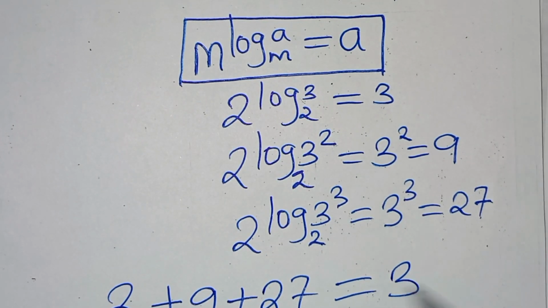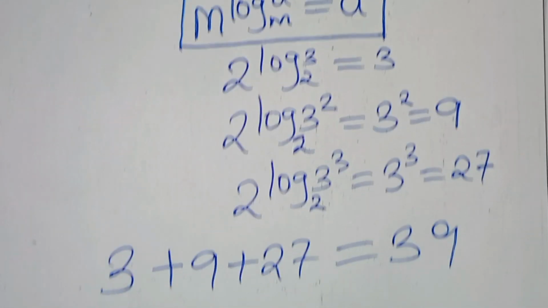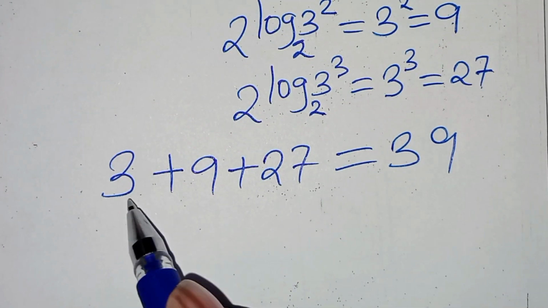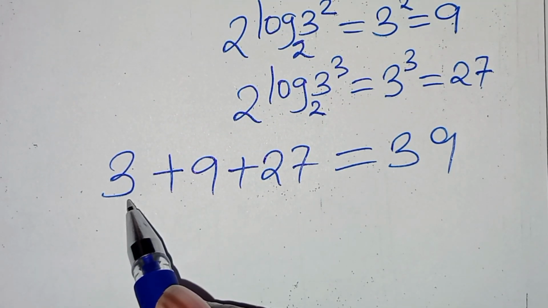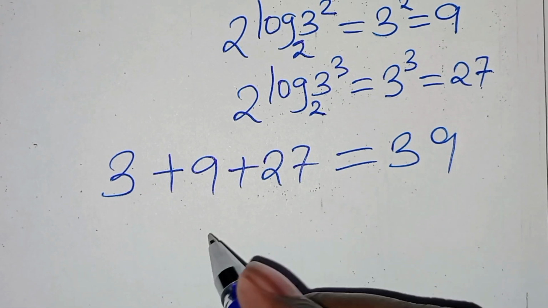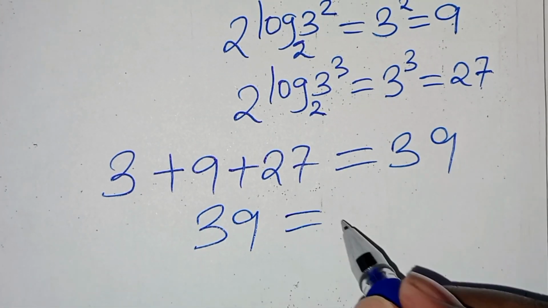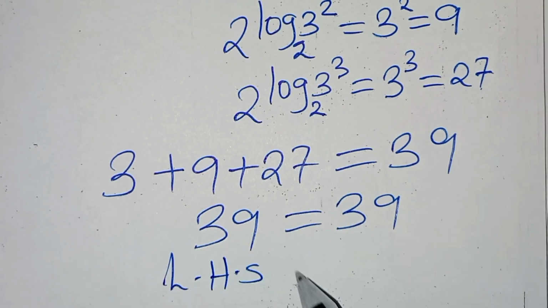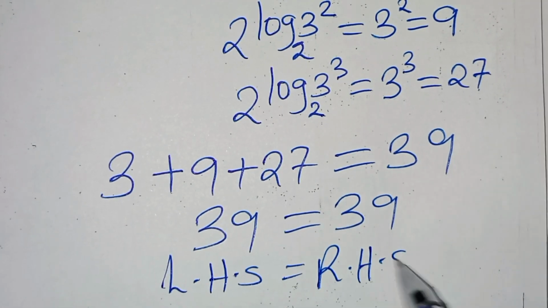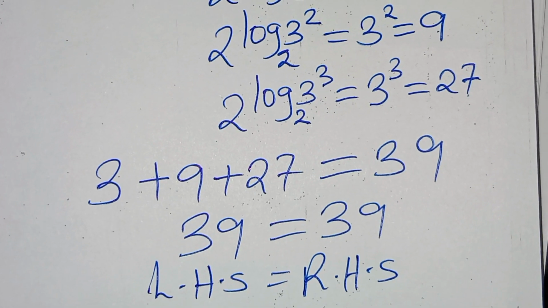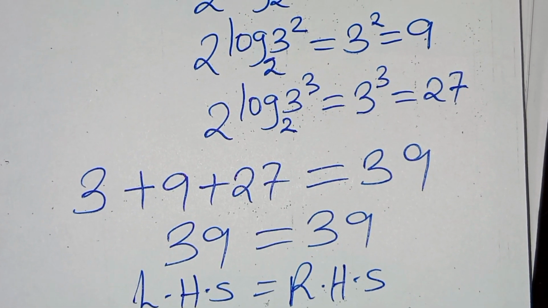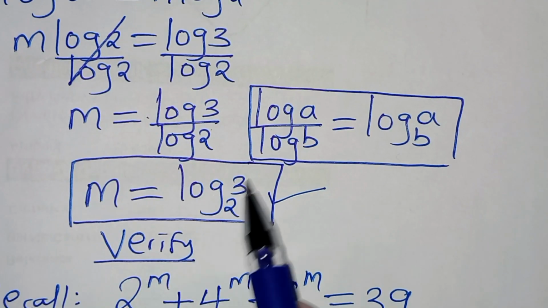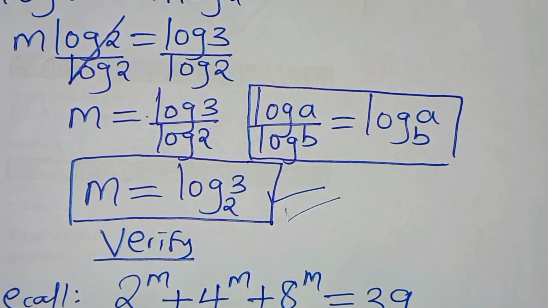This should give us a value of 39. So 9 plus 3, this is 12. 12 plus 27, this is 39. And this is equal to 39. So the left hand side is equal to the right hand side. And this implies that the value of m, which is log 3 to base 2, satisfies the equation.